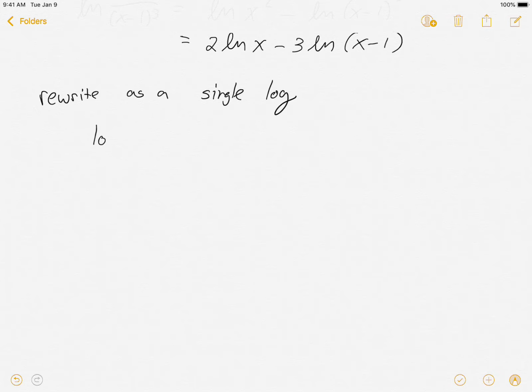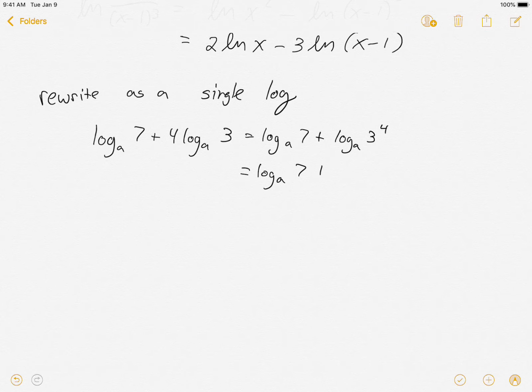So let's say I have log base a of 7 plus 4 log base a of 3. Okay, so first you can see that I can take this 4 and bring it up and make it an exponent on the 3. And then 3 to the fourth power is 81.